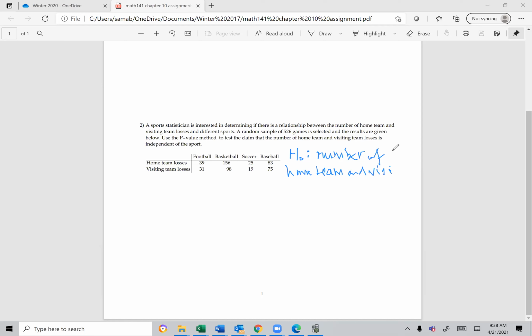I'm going to turn my document camera on because I'm not happy with the way the annotation is going.